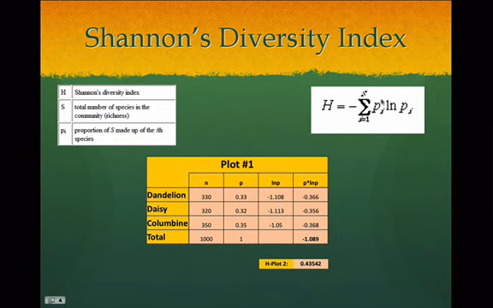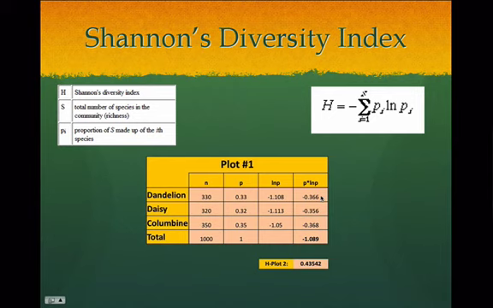And the next step is to multiply that value, the natural log of the proportion, times the proportion. So negative 1.1 times 0.33 yields 0.366. Once you've done that for each and every one of your species, this little symbol right here means that you add them all together.